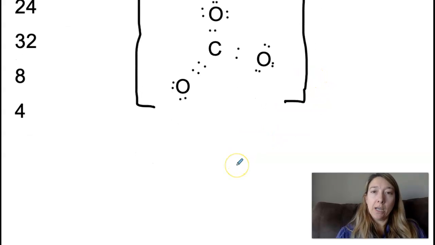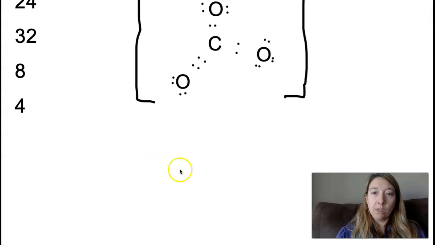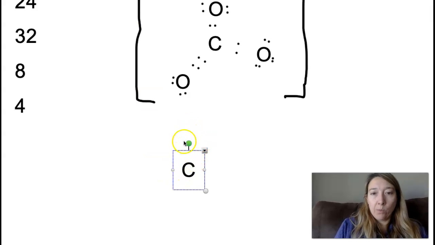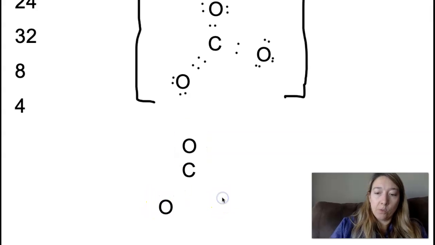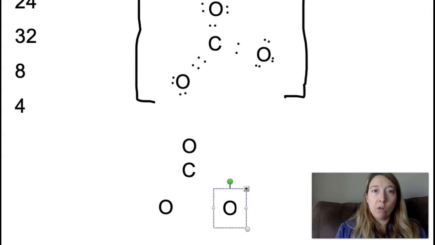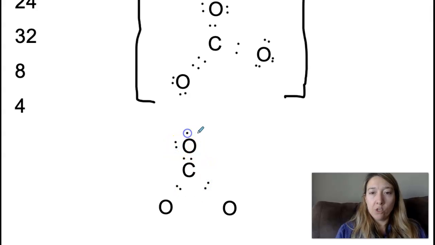Okay, if you were doing it the other way, I kind of did that example more the math way, and that's because most of you guys do choose that way. But if you had chosen to do it the other way, you would have gone and put a pair in each location. You then would have gone and filled up valence shells of all the non-centrals. It's a lot of dots. And then you would have counted how many you had.